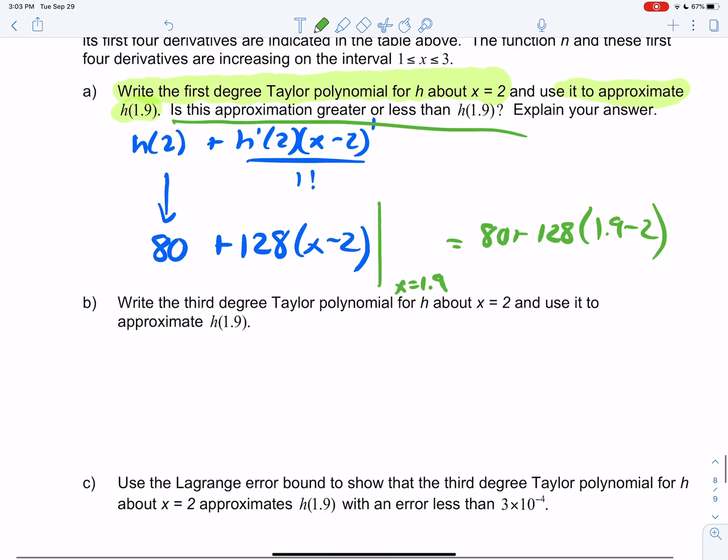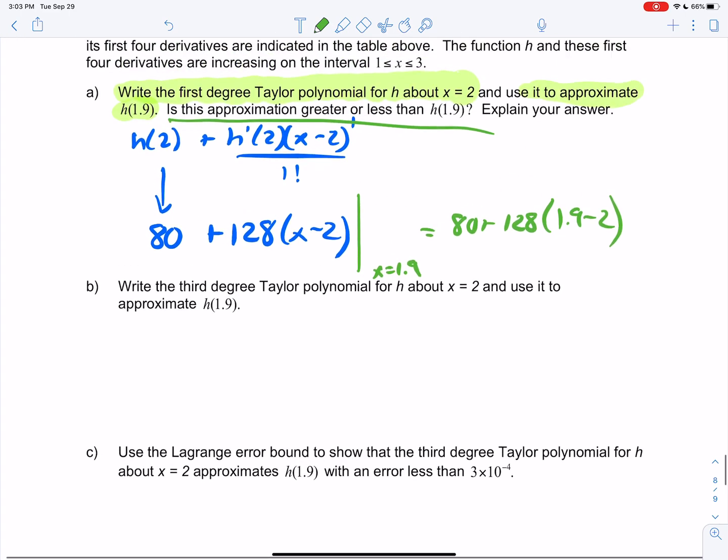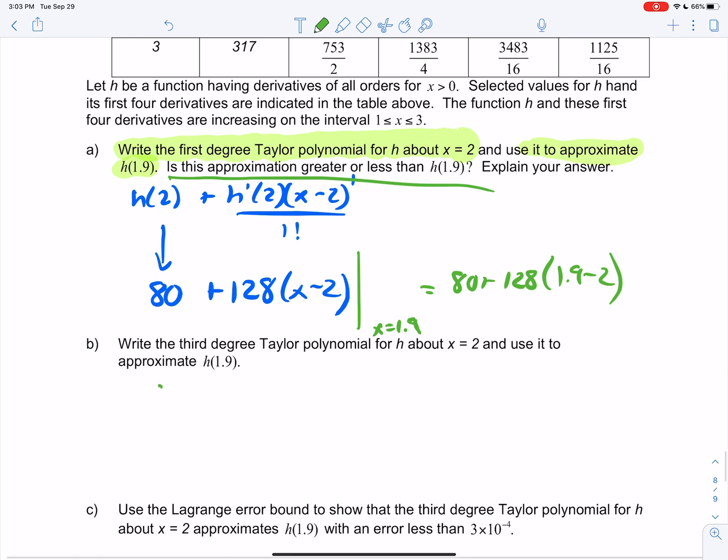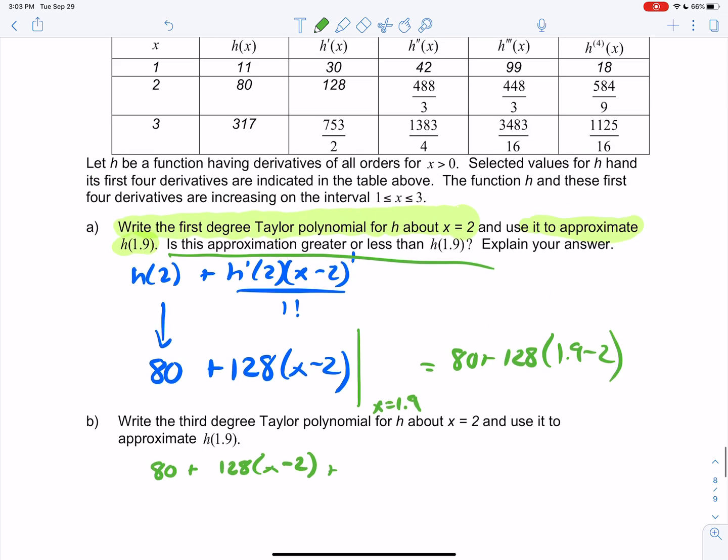okay? Here we go. Third degree Taylor polynomial for h. So it's going to be 80 plus 128 times x minus 2. The next one is going to be the second derivative. So 488 over 3, x minus 2 squared over 2 factorial, plus the third derivative at 2, which is 448 over 3, x minus 2 cubed over 3 factorial.